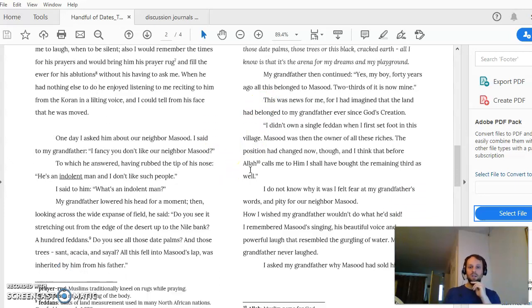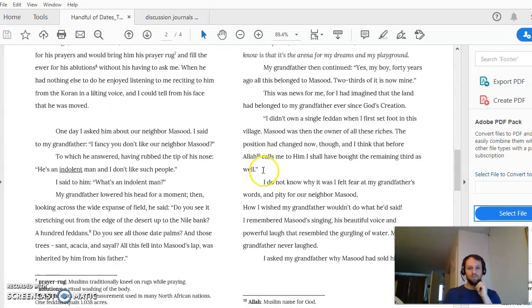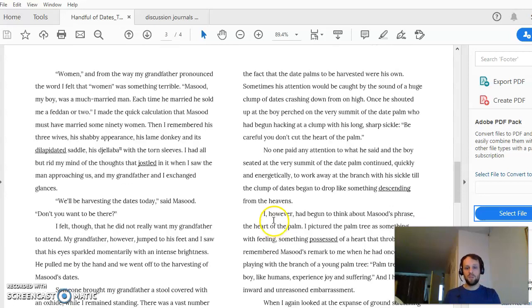If you take a look at the end of this second page, right after this part where the grandfather declares what he wants to do with Masood's land, there's a section where the boy starts to talk about what he remembers about Masood and the things that he has observed. I think that's a good place to start if you're looking for the boy's perspective.